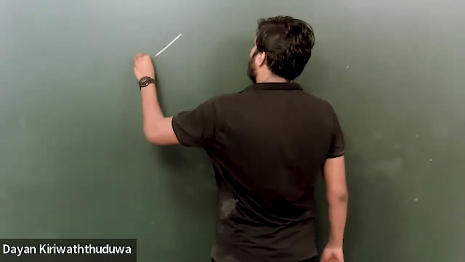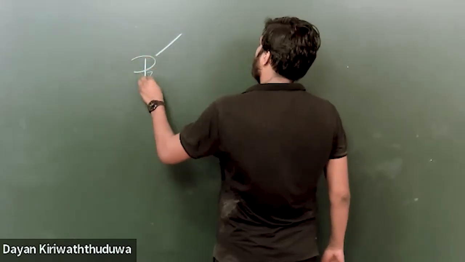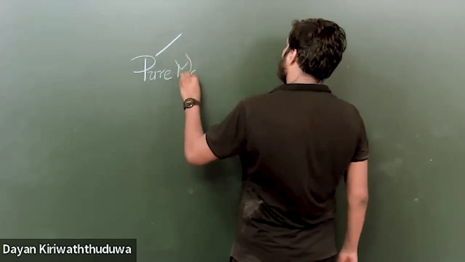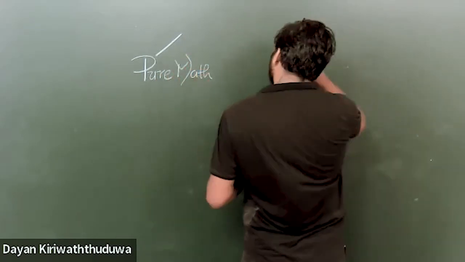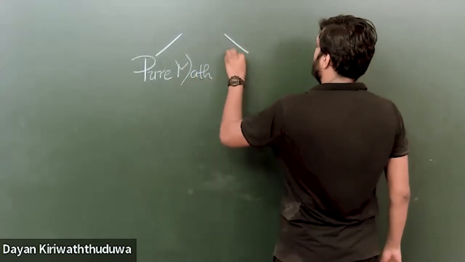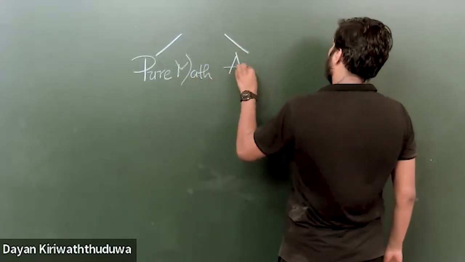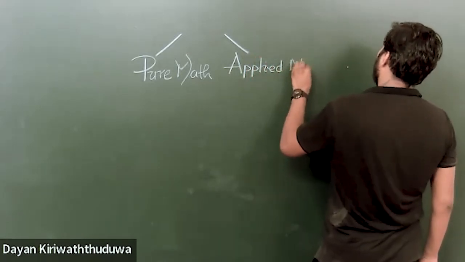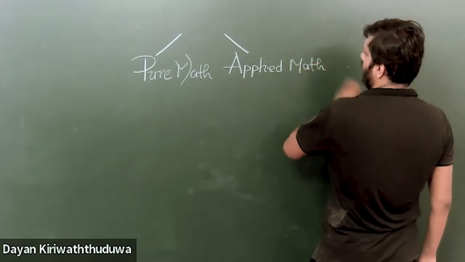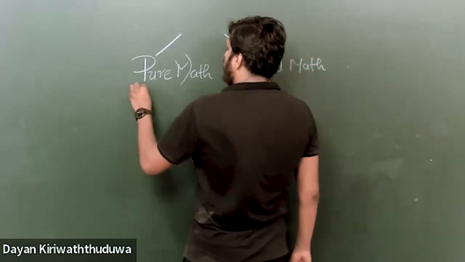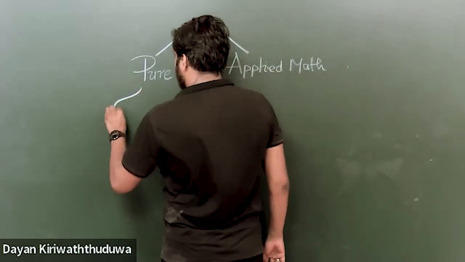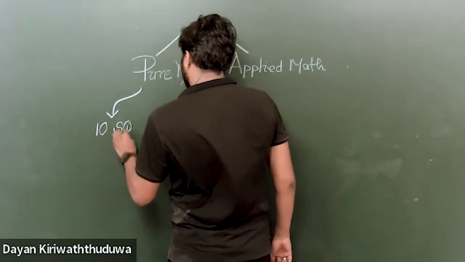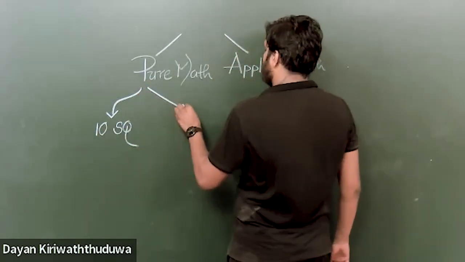The A-level examination has two main branches. One is pure mathematics, so let's call it pure math. The other branch is applied math. Under pure math, you get two things: 10 short questions and 7 main questions.